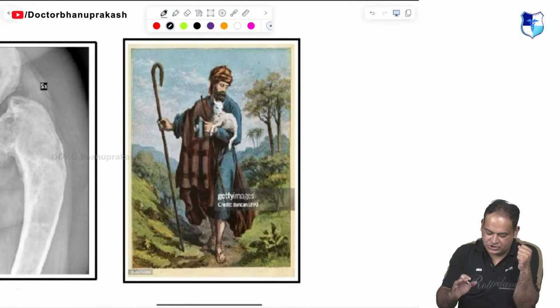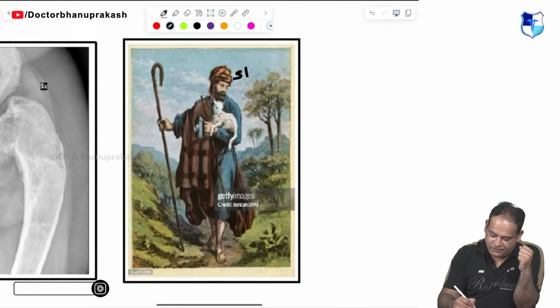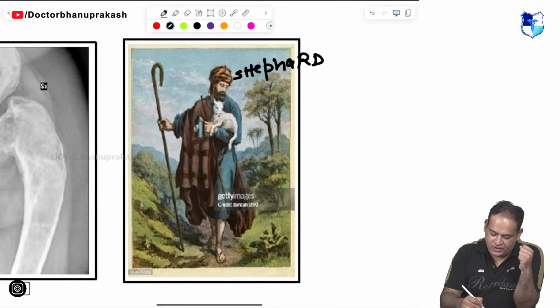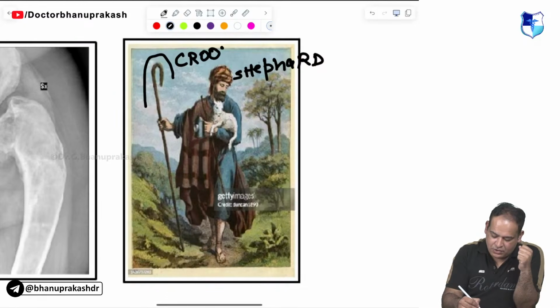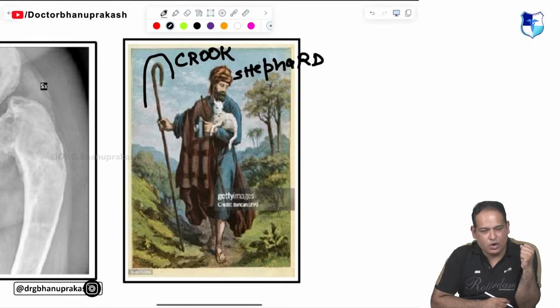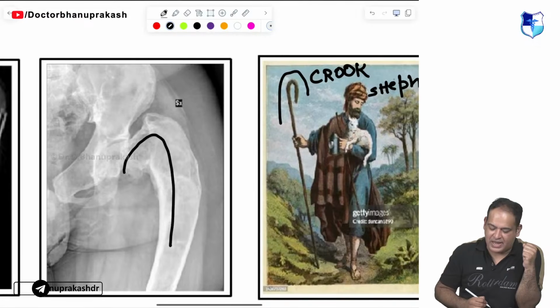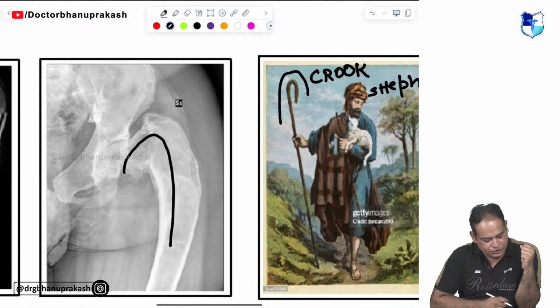They ask Shepherd crook deformity. So there are shepherds who graze sheep and goats, and the stick in the hand of the shepherd is called a crook. Bone appears like the crook of the shepherd.